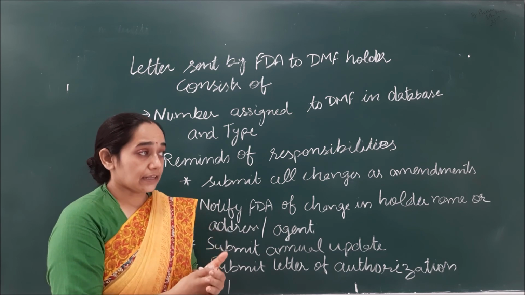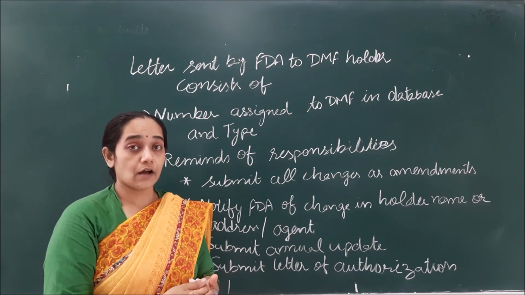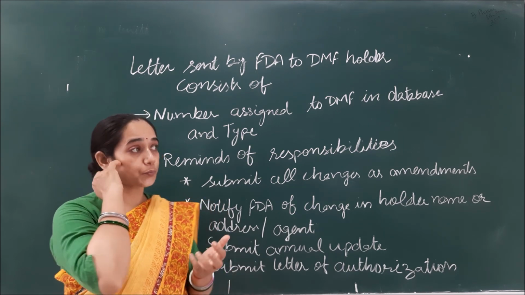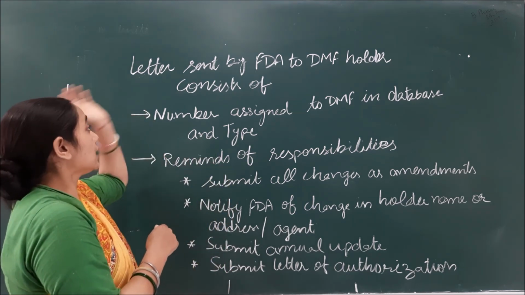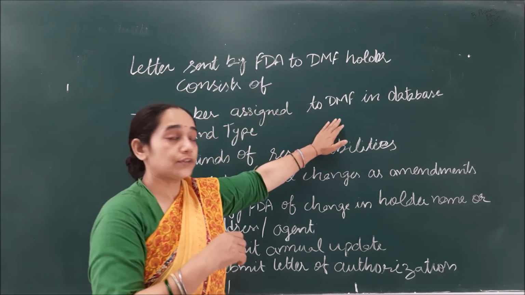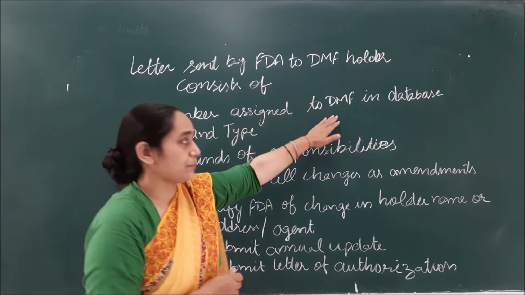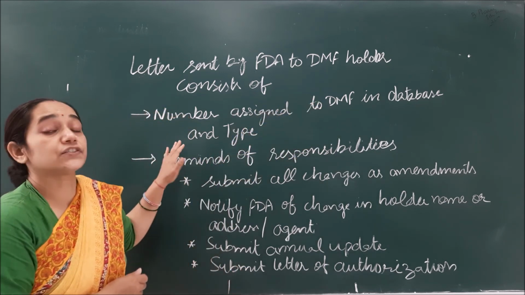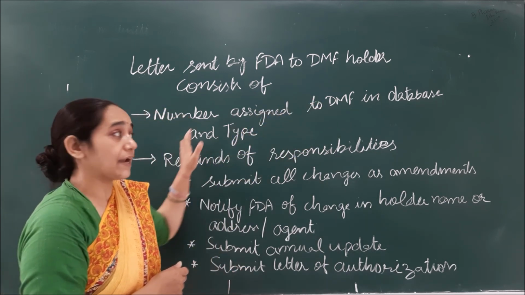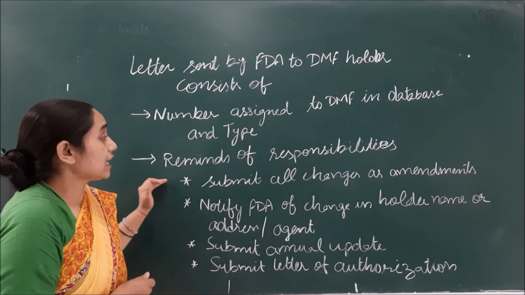Now, the FDA will send a letter to our holder or the corresponding individual, and that will consist of the number assigned to the DMF in the database as well as the type, meaning what type and what number has been assigned to the DMF.